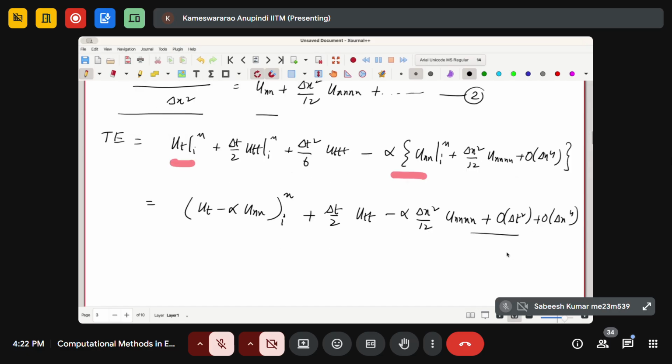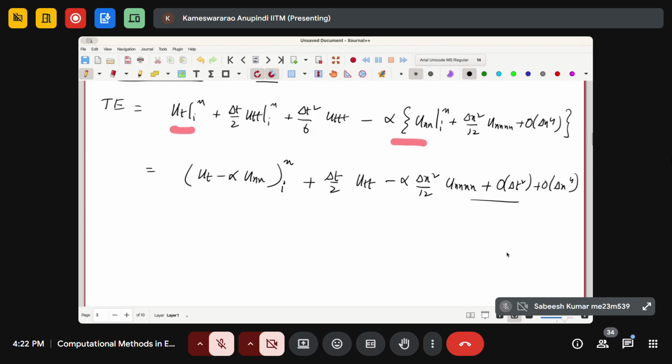Okay, that's what we have. So what is this value? This value is nothing but dou u by dou t minus alpha dou squared u by dou x squared at i comma n, right? This is nothing but our exact partial differential equation.